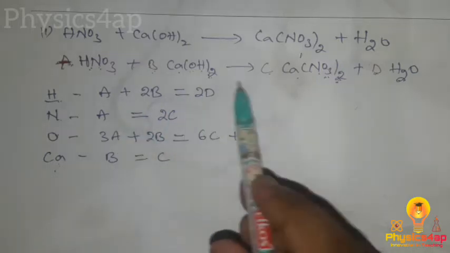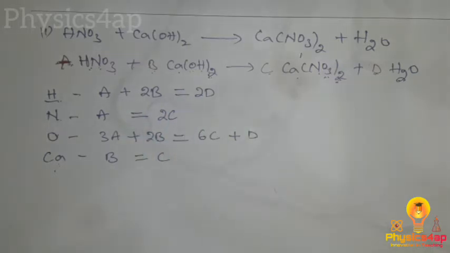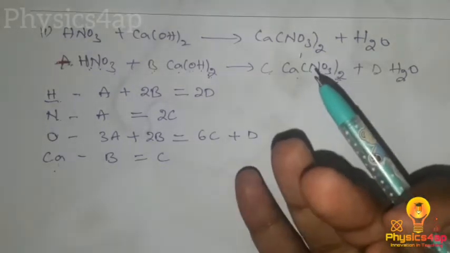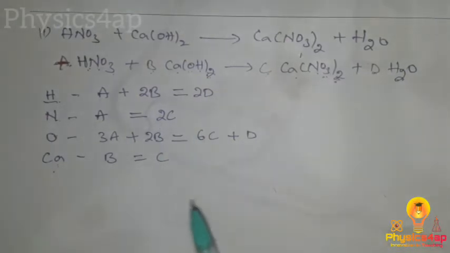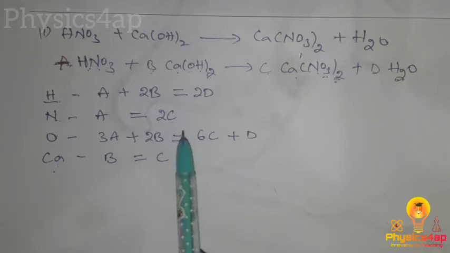Now as we have A, B, C, D, 4 variables, assume any one of them as 1, either A as 1 or B as 1 or C as 1 or D as 1, that is your wish. But you need to consider anything as 1 so that you can get the other variables.